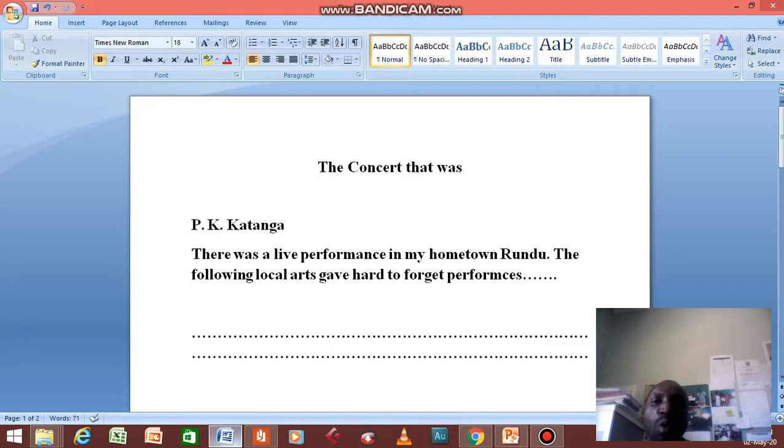The concert that was is the topic. The author, P.K. Katanga. Then there was a live performance in my hometown, Rundu. The following local artists gave hard-to-forget performances. Then from there, I move on to the next paragraph. So in other words, I'm telling you about the concert that was. Perhaps this concert was exciting, I enjoyed it, and so forth.